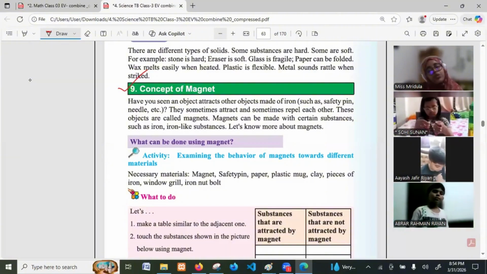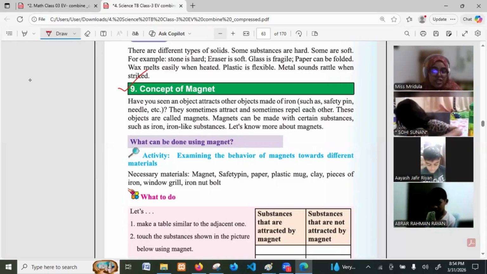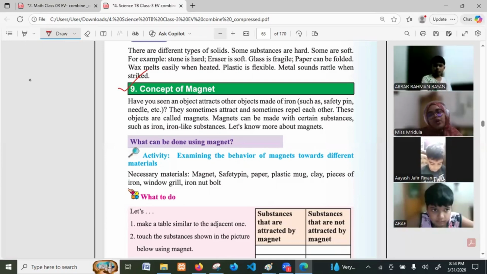You don't need to know those in detail right now, but you can just understand that the objects that are attracted toward the magnet can also be turned into a magnet. Yes, Abrar, tell me, but in a bit louder voice so that I can hear.